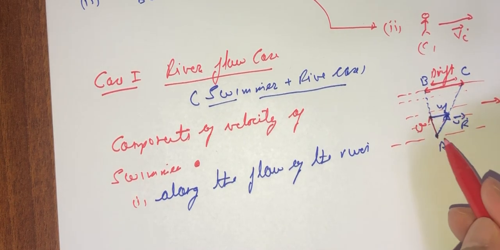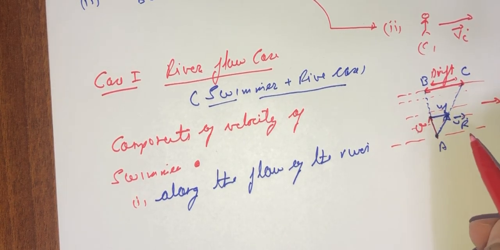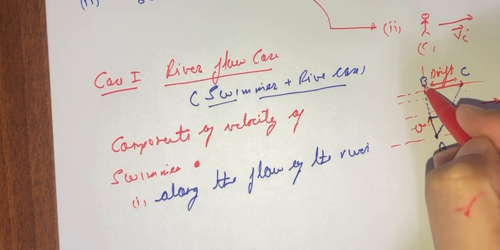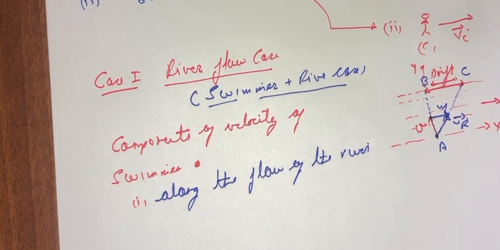So along the flow of the river, let us call this the x direction and this the y direction.